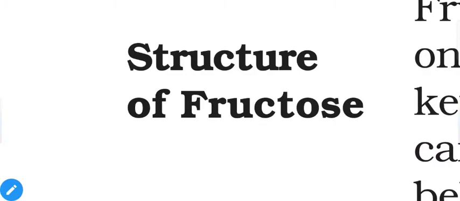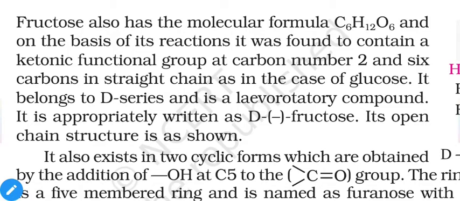Structure of fructose. Now we are not going to discuss it step by step just like glucose. So basic information is provided as follows. Fructose has a molecular formula just like glucose, C6H12O6, and on the basis of reactions it was found that it contains a ketonic group at the second carbon and has 6 carbons present in a straight chain just like glucose.